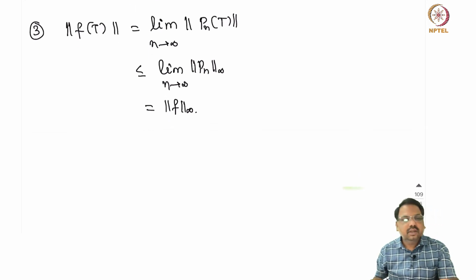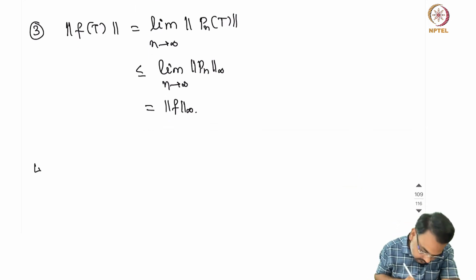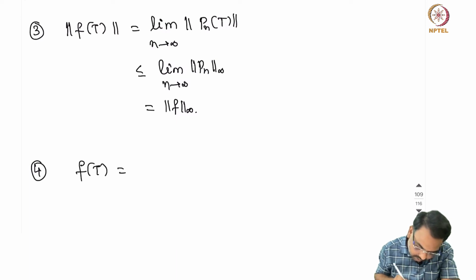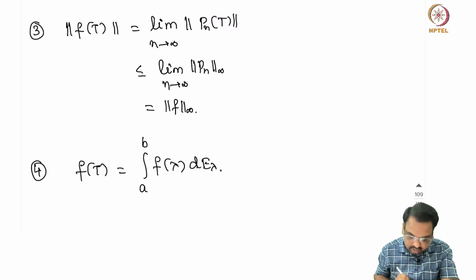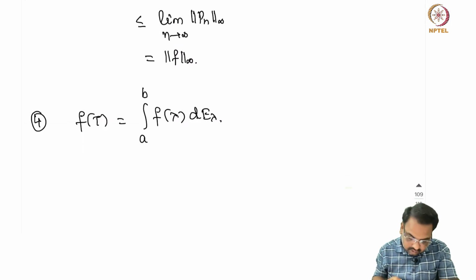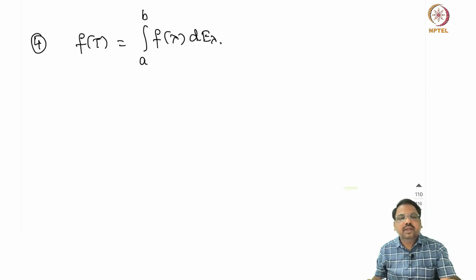Now the question we can ask is the following: can we say that f of t is nothing but the integral a to b of f of lambda d e lambda? In fact, this is true. We can prove it using the polynomials again.